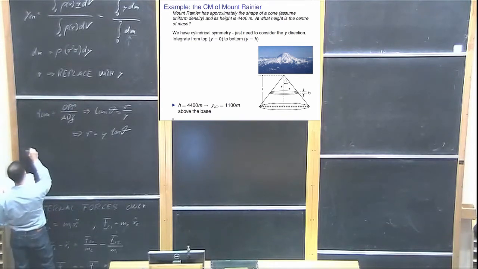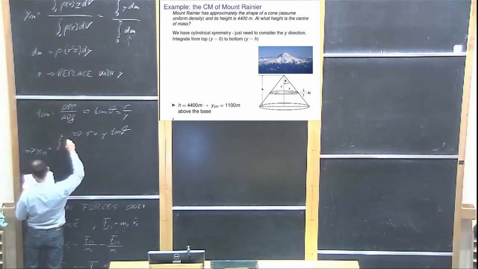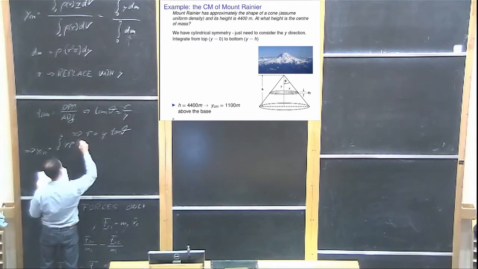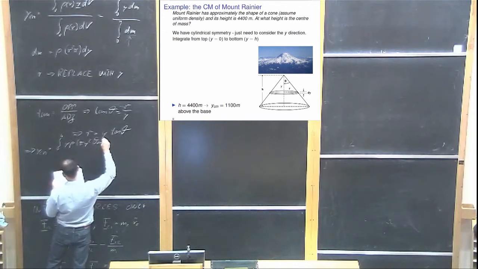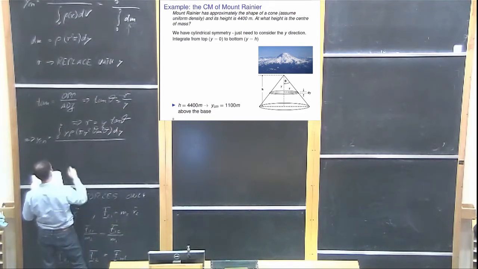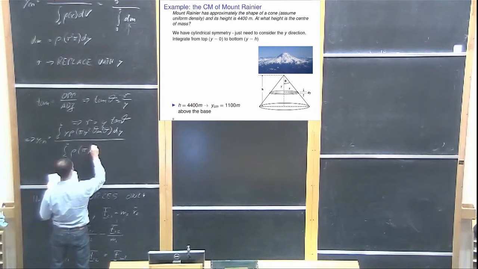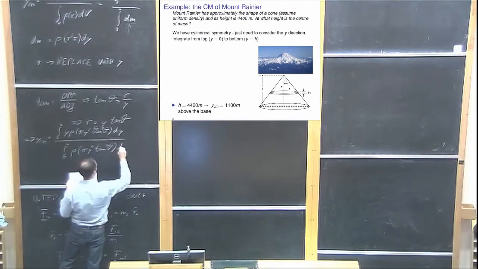And with that, we get y_cm equals the integral from 0 to h of y rho pi y squared tangent squared theta dy over the integral from 0 to h. Now just the integral over dm is rho pi y squared tangent squared theta dy.